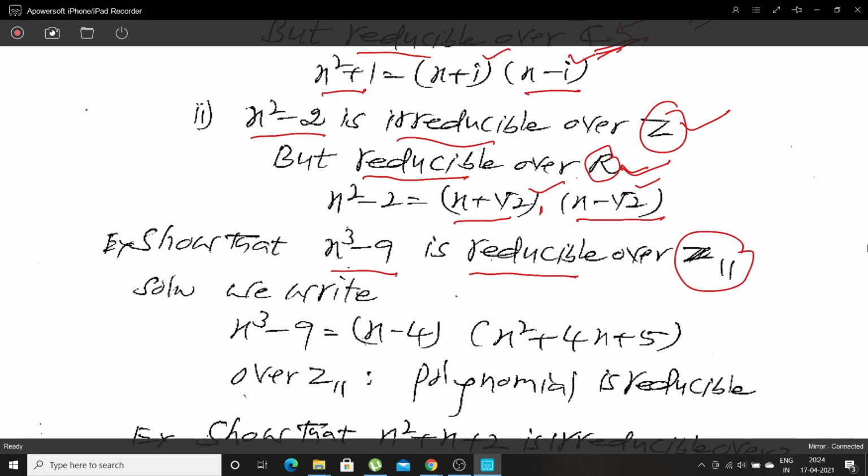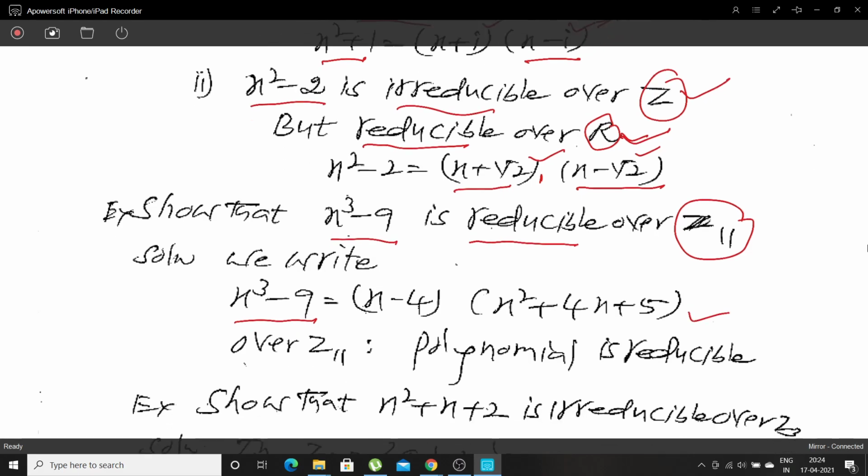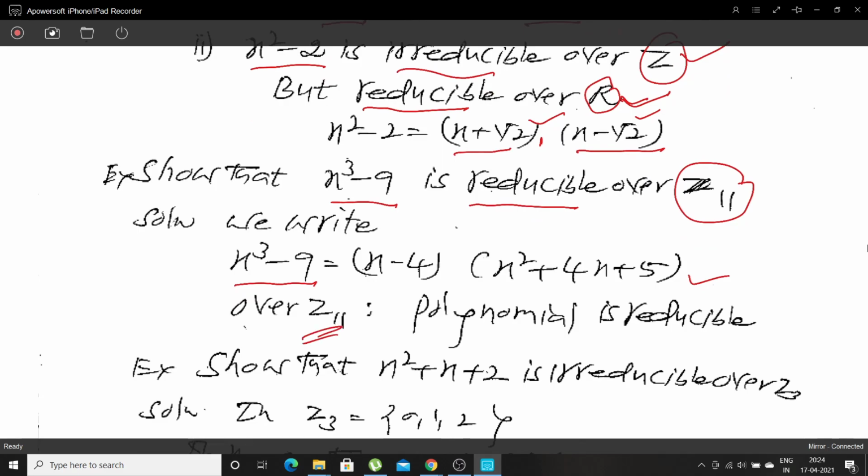Let me repeat, using the synthetic division method, we write x cube minus 9 as x minus 4 into x square plus 4x plus 5 over integers modulo 11. The polynomial is certainly reducible. If I replace x by 4, what do we get? 0. That means this is a polynomial of degree 3.